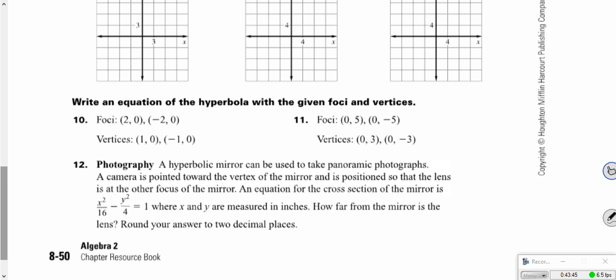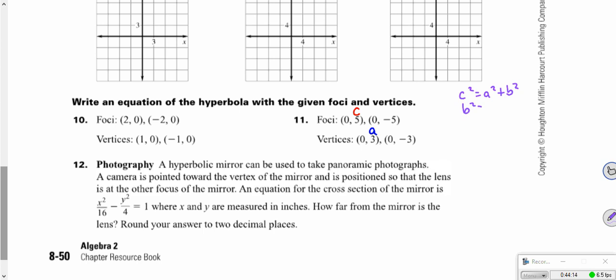Let's do number 11. Write an equation of the hyperbola with the given foci and vertices. Our foci, remember, give us our c. Our vertices give us our a. So remember, let me start with c squared equals a squared plus b squared.